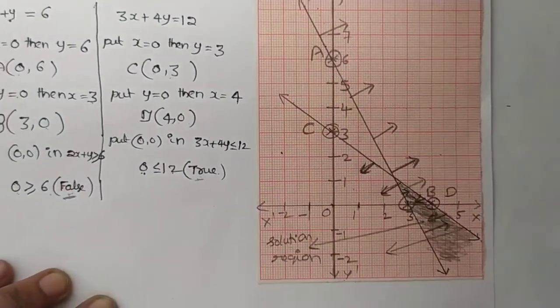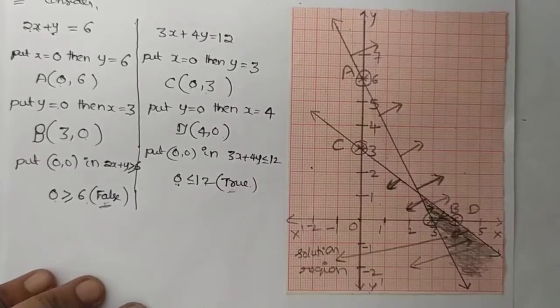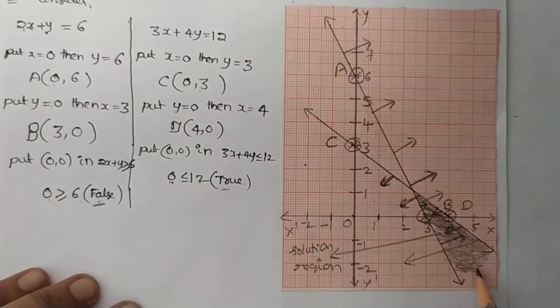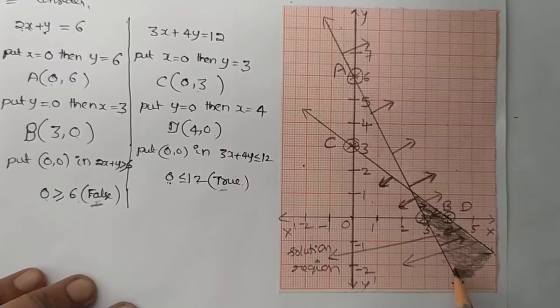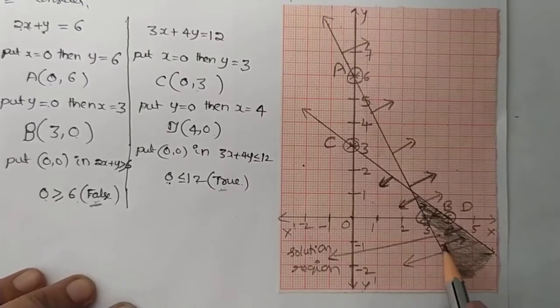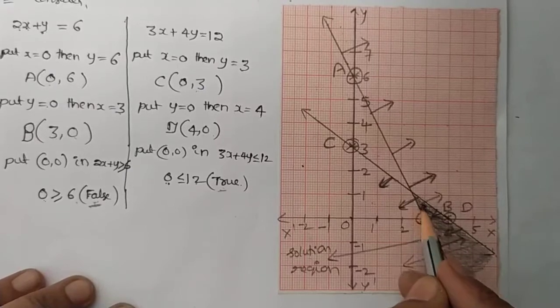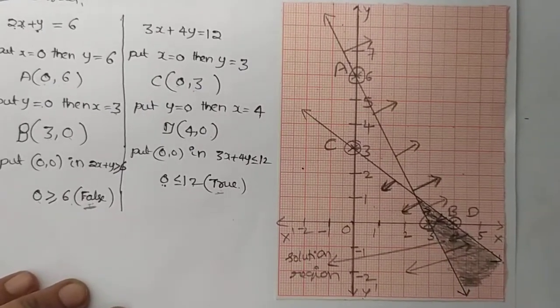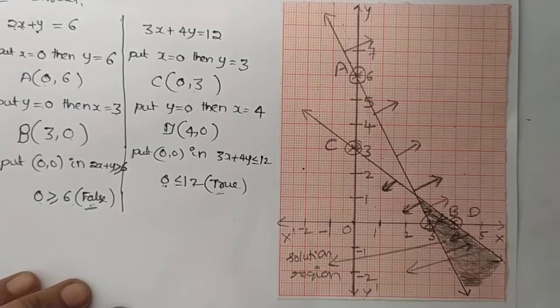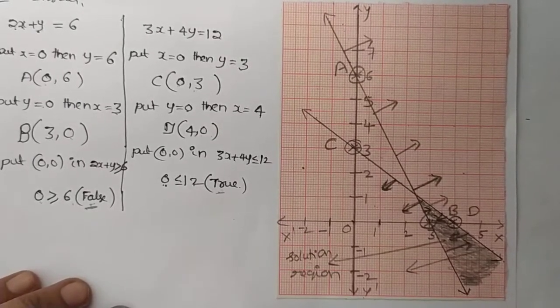Do you understand? These kinds of problems are very important for 5 marks. Kindly practice at home properly. Not only in the first PU, this concept will continue in the second PU also. There you will get 6 marks for this graph.